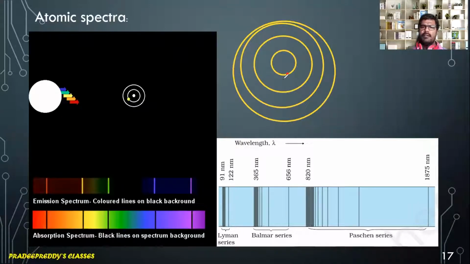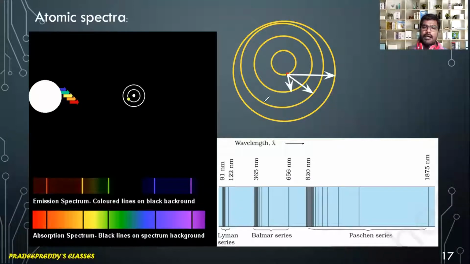So when this electron takes some energy, it can undergo a transition from this level to another level. It may undergo a transition from here to here, or from here to here.